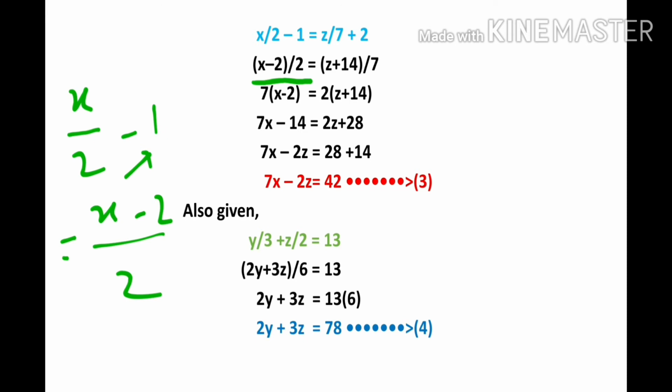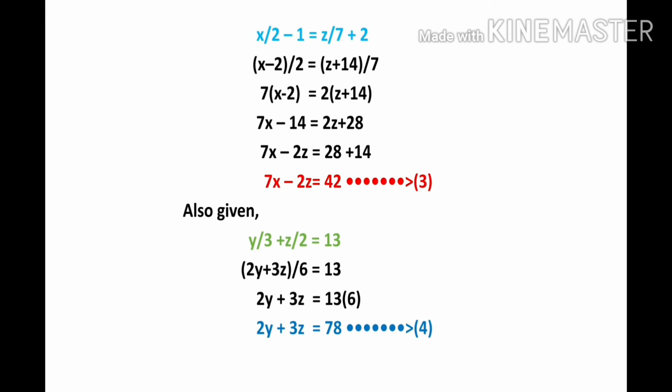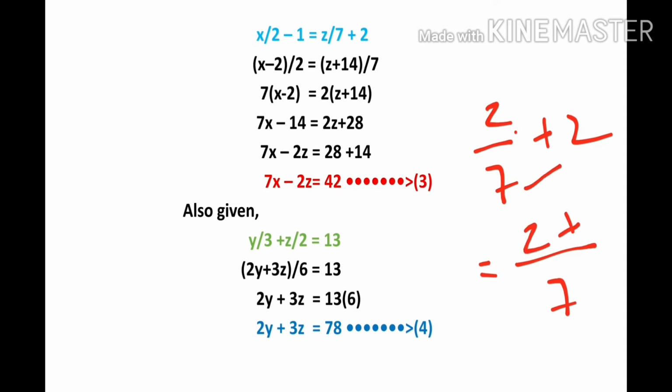Next, z by 7 plus 2 is given here. So here also take LCM, 7, so z plus, cross multiplying this, 7 twos are 14, that is we get (z plus 14) by 7.